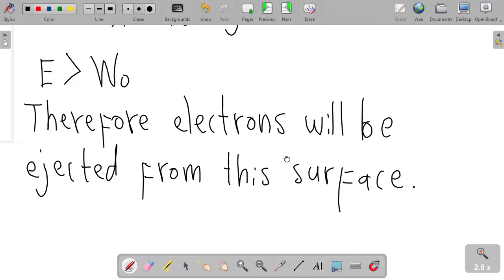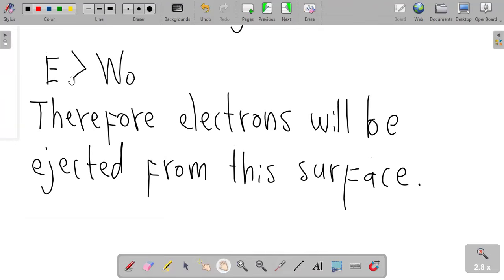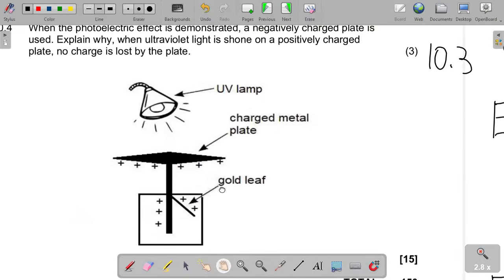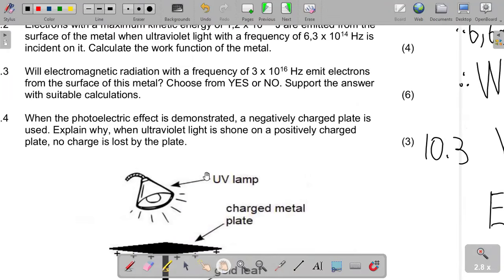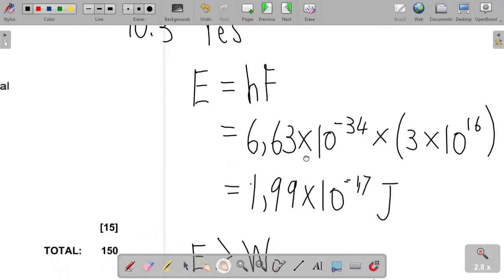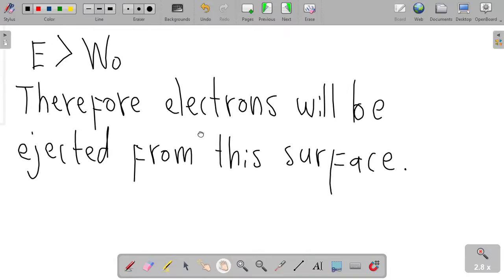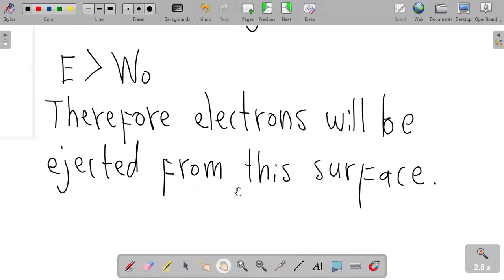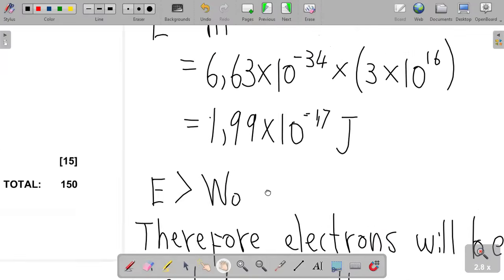That's what it means, because the energy is bigger for this electromagnetic radiation with this frequency. We calculated the energy and found that it is greater than the work function, so it will overcome the minimum amount of energy required to emit electrons, because that's what the work function is.